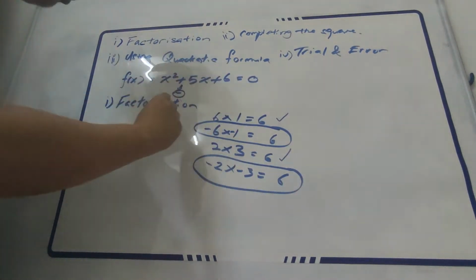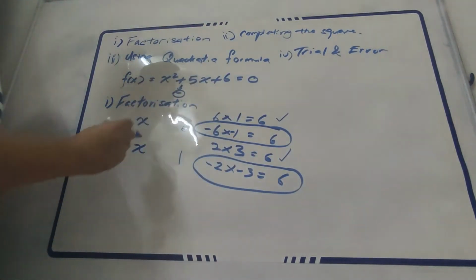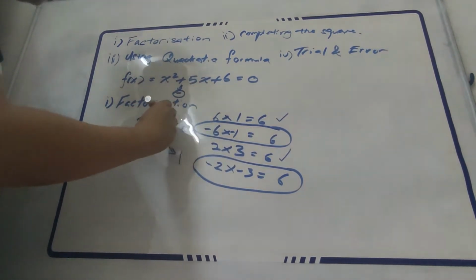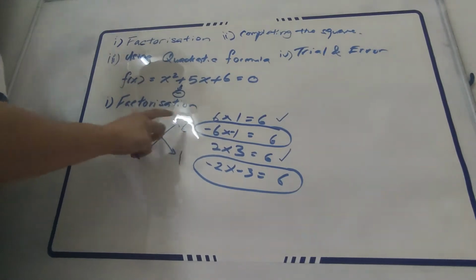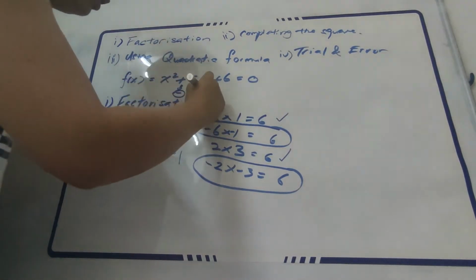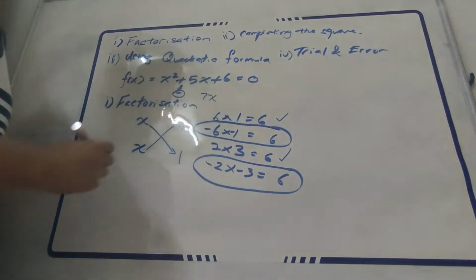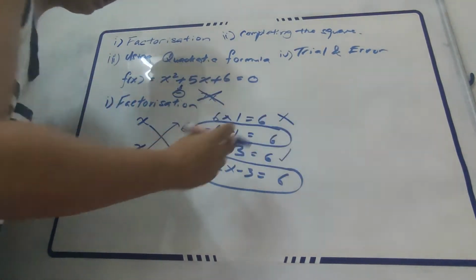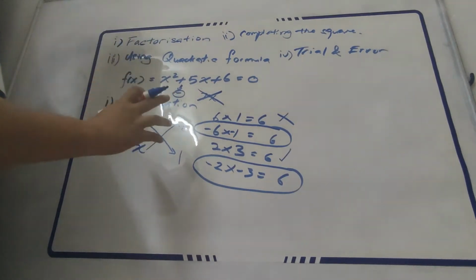So from here you use 6 times 1. Okay, x times 1, 1x, or x times 6, 6x. That means you add them together, then you get 7x, which is not a suitable candidate.